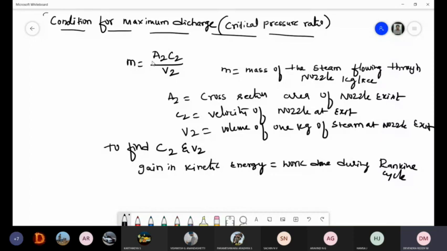Gain in kinetic energy through nozzle, that is C2 square by 2 equals n divided by n minus 1 into P1 V1 minus P2 V2. You have done this in BTD, for the adiabatic process. For adiabatic process you have seen this equation, n divided by n minus 1 P1 V1 minus P2 V2. Am I right?